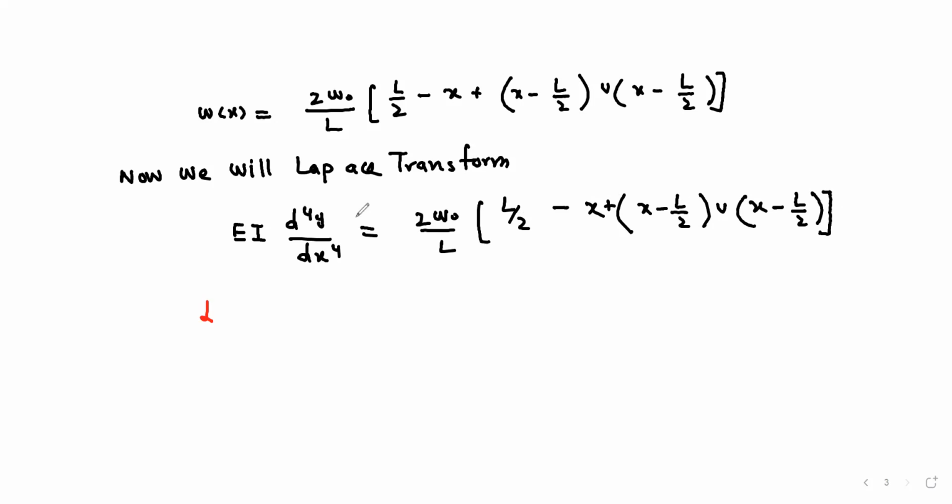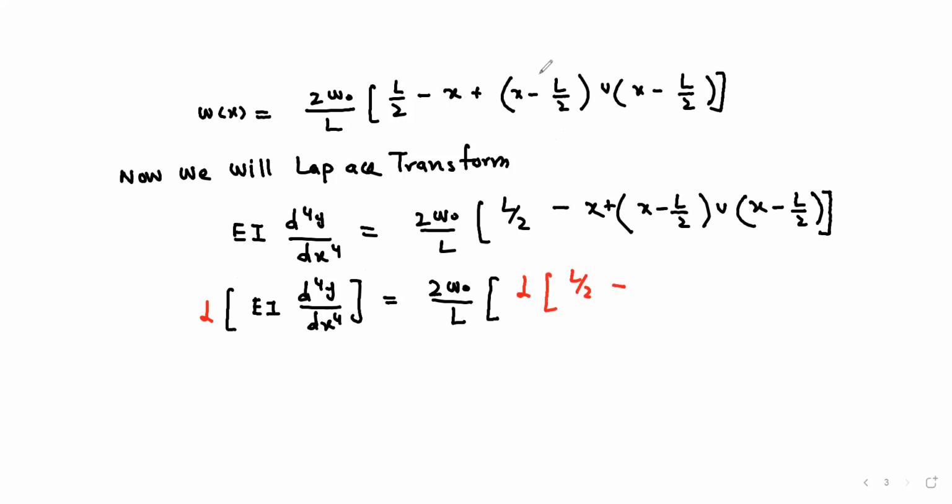On this side, EI d4 of y over dx raised to power 4 is equal to 2w naught by L, which is a constant, so we will take it outside. On the other side, we take the Laplace transform of each step: the Laplace transform of L by 2 minus x, plus the Laplace transform of x minus L by 2 u of x minus L by 2.